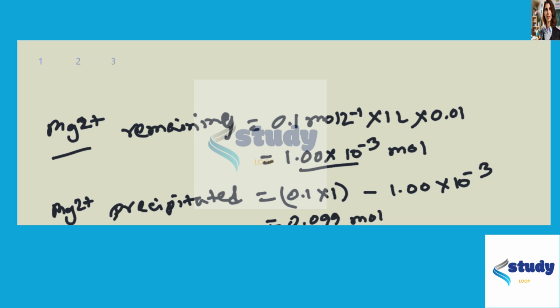So this is the number of moles of magnesium ion precipitated. That is also the number of moles of carbonate ion used in the precipitation, as 1 mole carbonate ion will precipitate 1 mole magnesium.